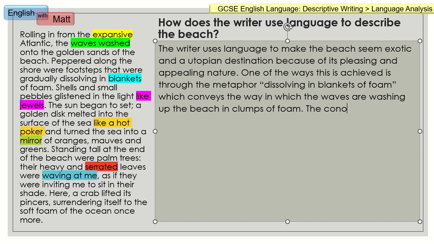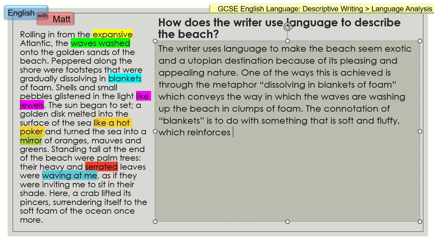Okay. The connotations. So connotation means kind of your associated ideas. The connotation of blankets is to do with something that is soft and fluffy, which reinforces the soft texture of the foam on the beach.